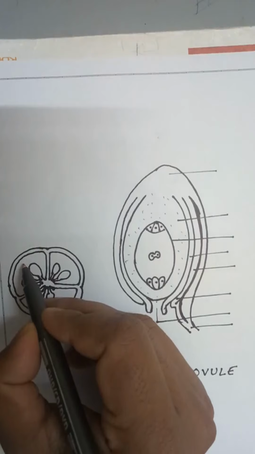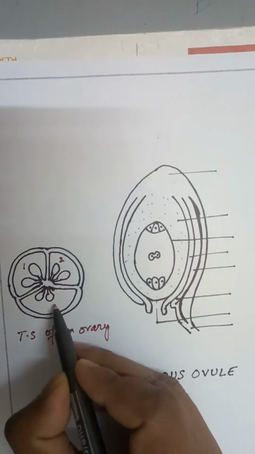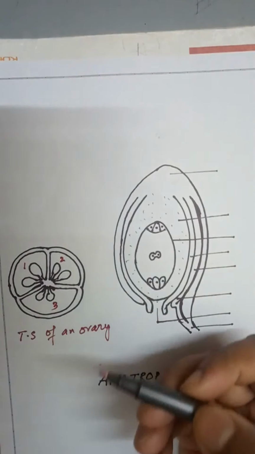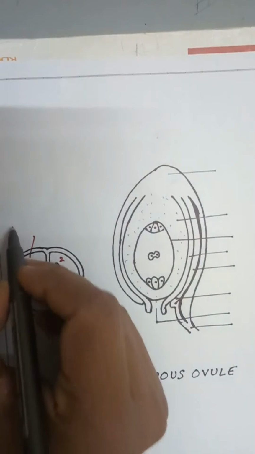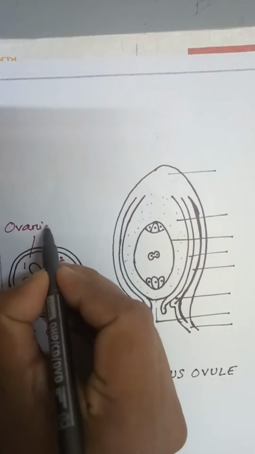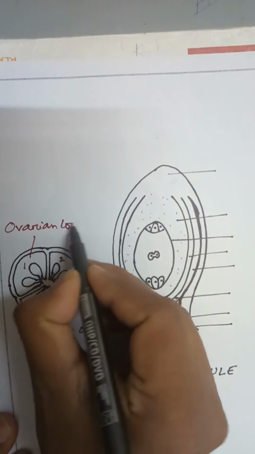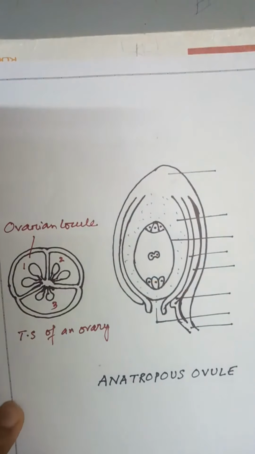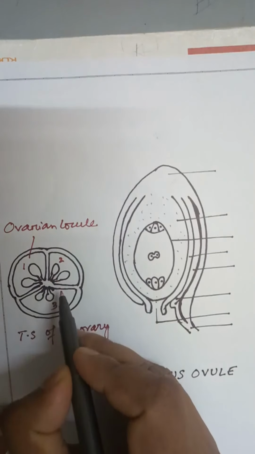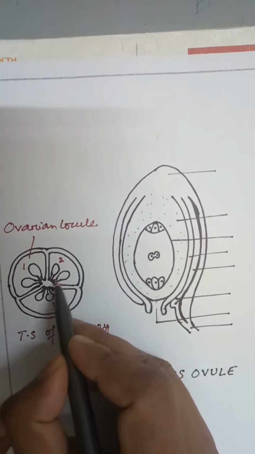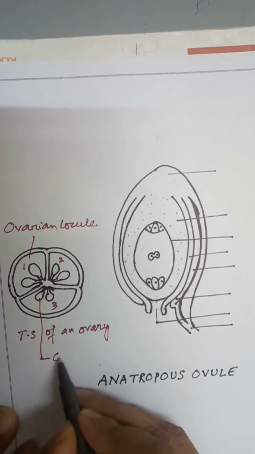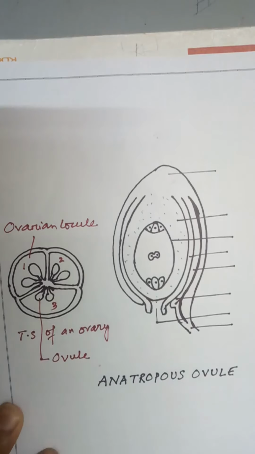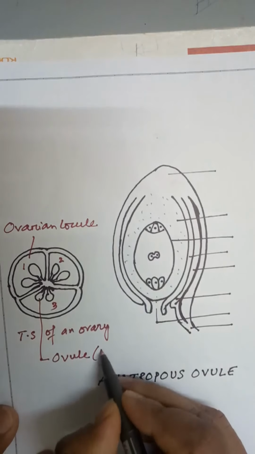This is chamber number 1, chamber number 2, chamber number 3. There are 3 chambers seen in the TS of this ovary. These chambers are called ovarian locules, locule being the singular. In these chambers you can find small structures hanging or suspended. These small structures are nothing but the ovule, also called the megasporangium.